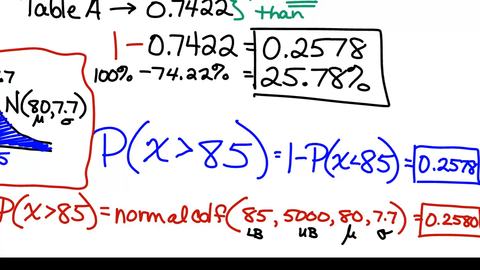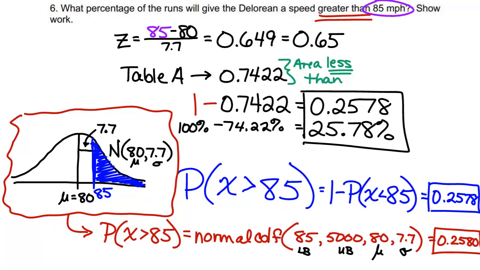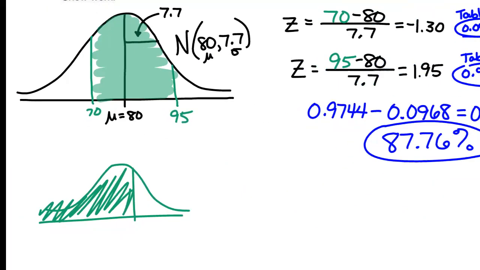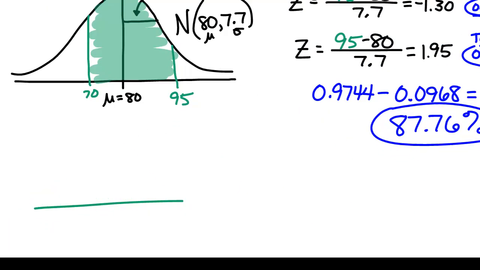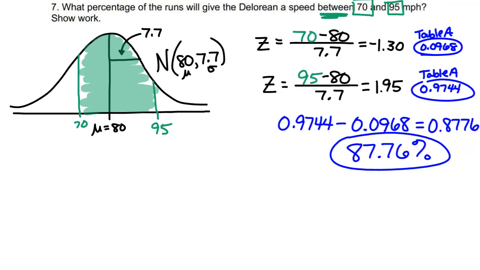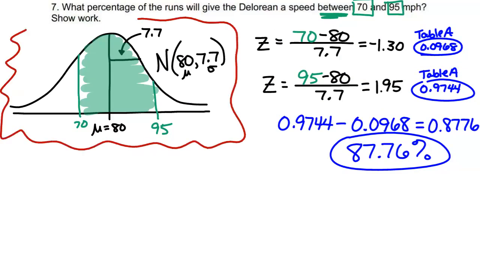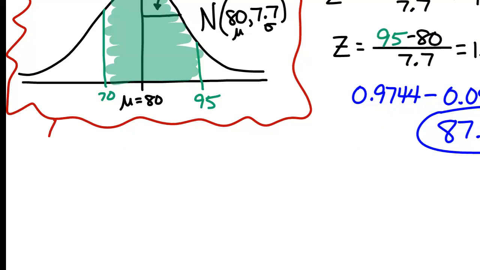So let's go look at that on number 7. If you do it on the graphing calculator, you don't have to touch table A at all. All right. So help me out. I would need my picture right here. What's my probability statement then going to look like?